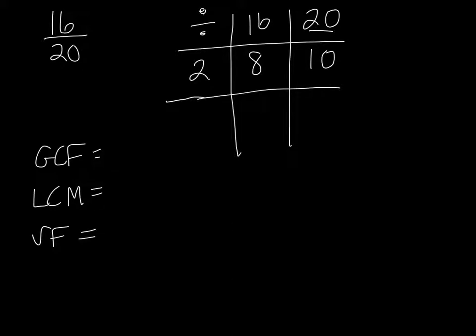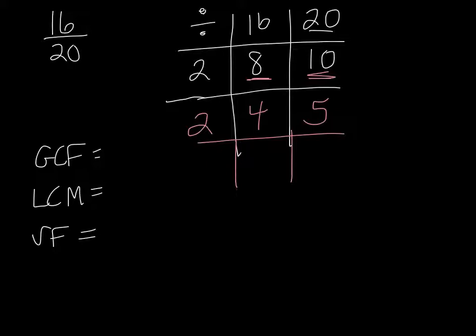So now I'm looking at the two new numbers I've created, 8 and 10. And I'm going to ask myself the same question. Is there a number that I can divide both of them by evenly? And 8 and 10 are also even numbers, so I can use the number 2 again. 8 divided by 2 is 4. 10 divided by 2 is 5.